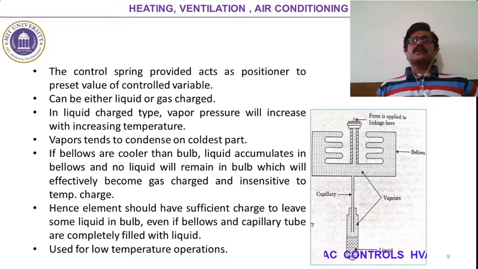Means all the liquid will be accumulated in the upper part, in the bellows only, and the bulb will be entirely filled with gas only, and thus it will be insensitive to the temperature change.